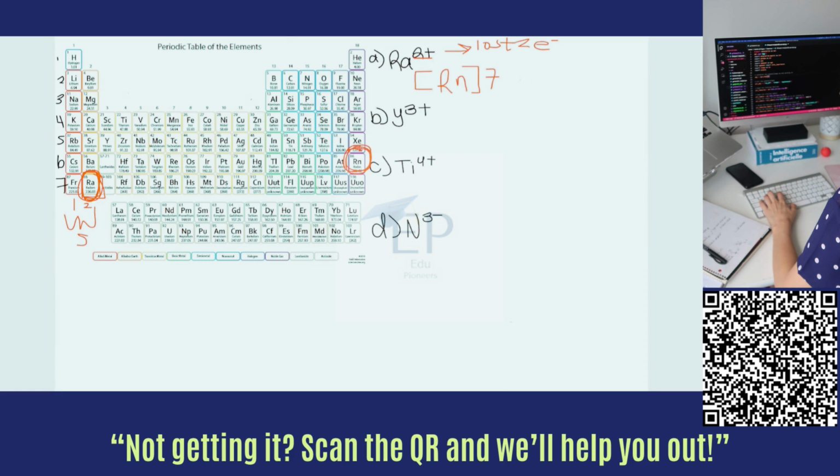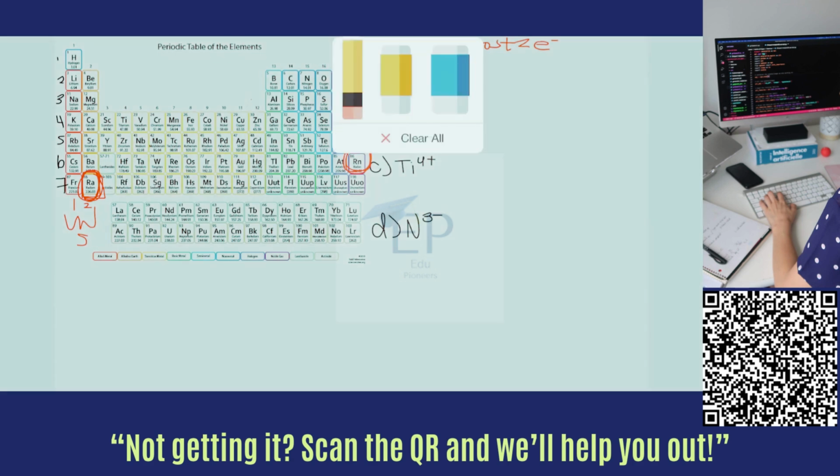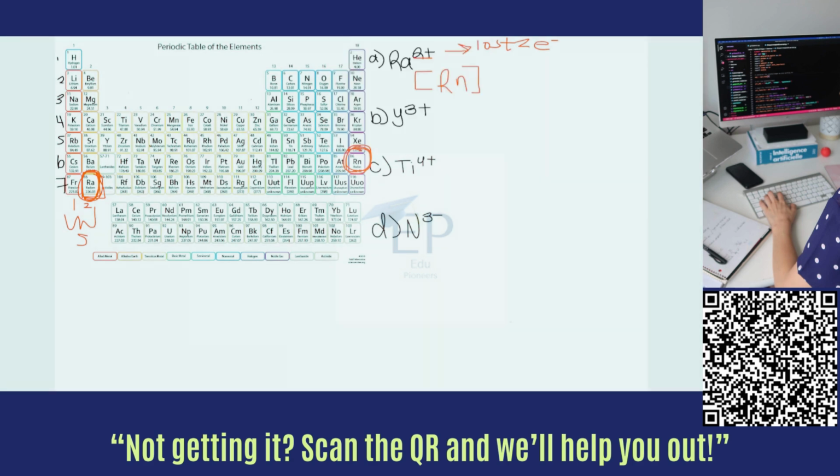So the valence electrons are the easiest to remove. And that leaves us with just the noble gas configuration that we had before for radon. And that's actually going to be our final answer, because once those 2 electrons are lost, radium has the same number of electrons as radon has. So its electron configuration can be abbreviated using noble gas.